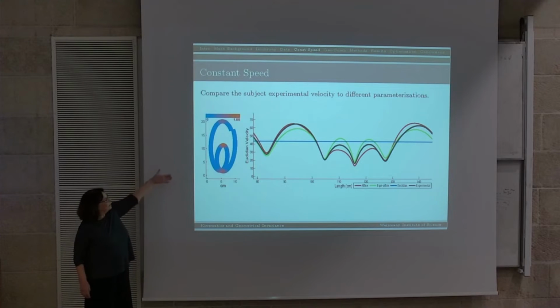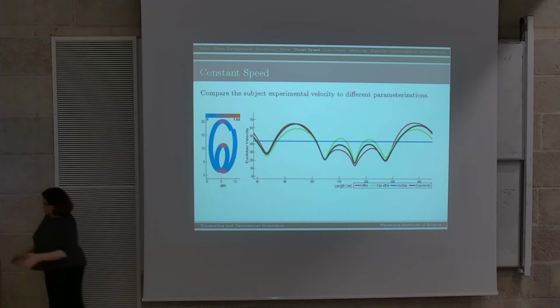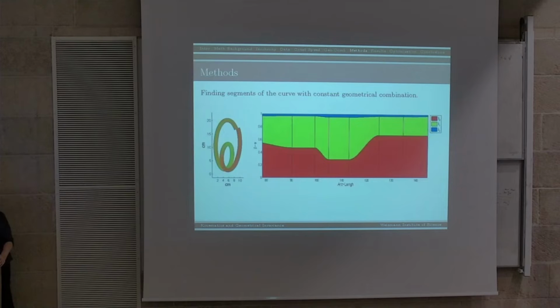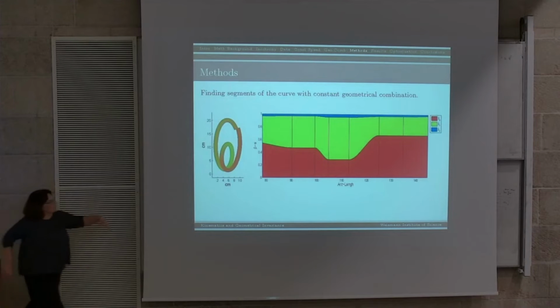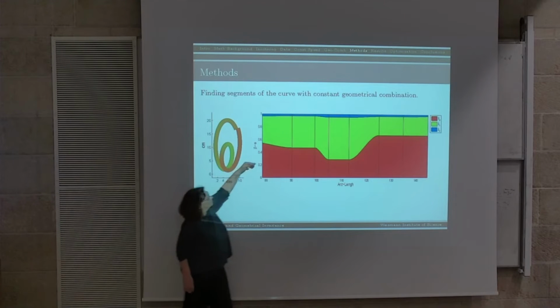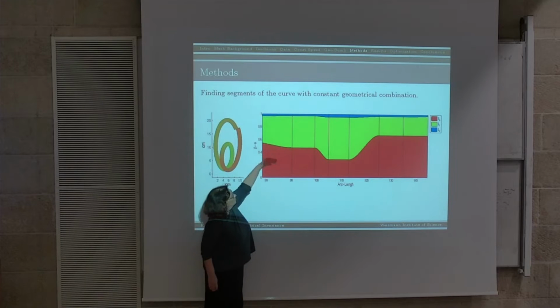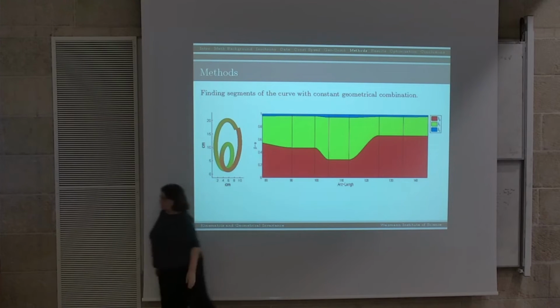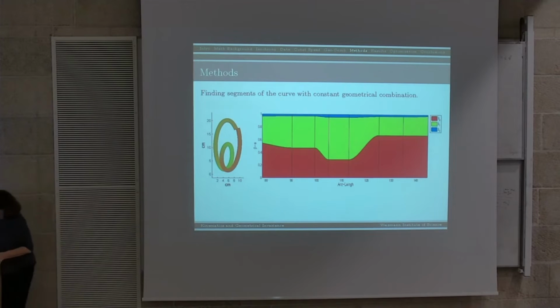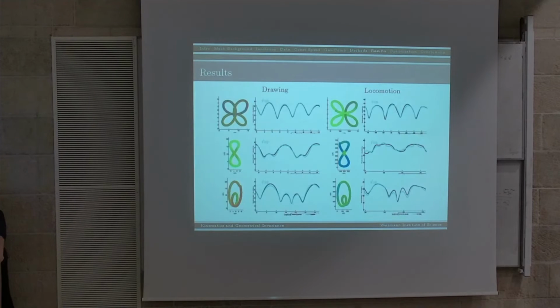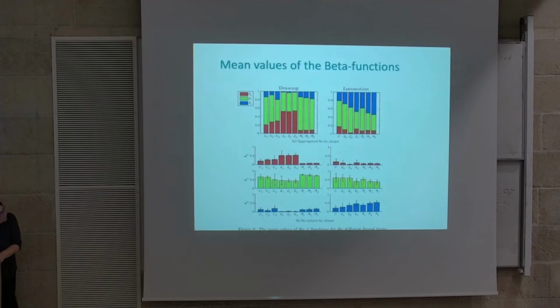You can then segment the trajectory and model the different segments. And we looked at different kinds of shapes, and you assume that within each segment, the three geometries each have a constant weight, constant gain. So with this, we can model complicated trajectories, and we can predict the kind of segments that we get.